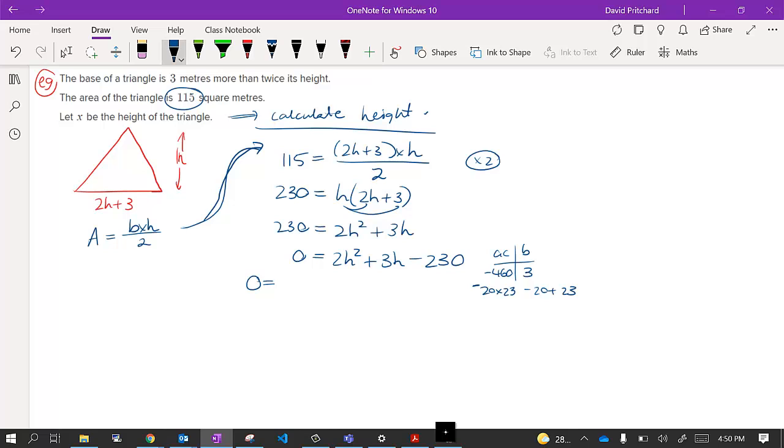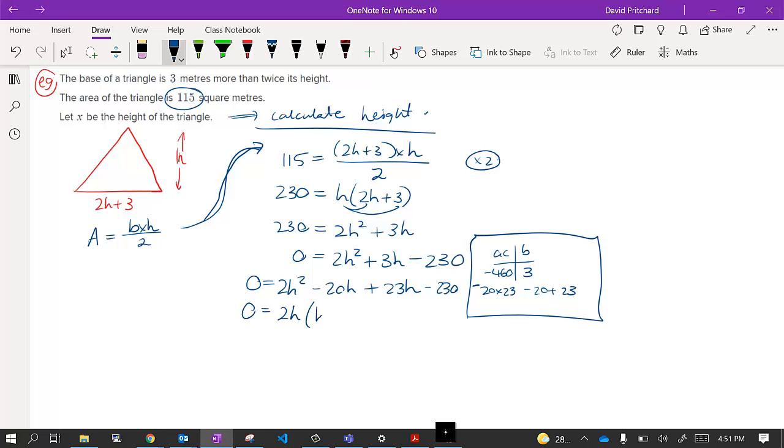Now, if you didn't see that, then possibly the best way to go about it is to use the quadratic formula. Maybe it would be quicker. But in either case, we'll now go through this decomposition method. It's a non-monic, so we have to put in the extra steps. So 2h squared, take 20h plus 23h, subtract 230. Common factor of the first pair is 2h, and we're left with h take 10.